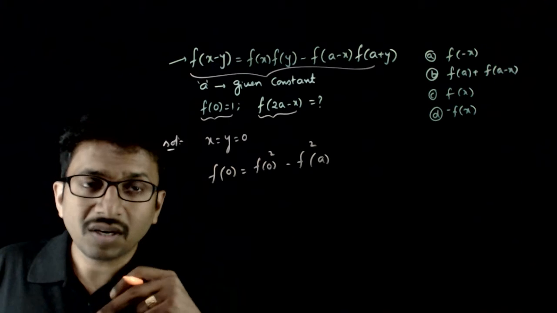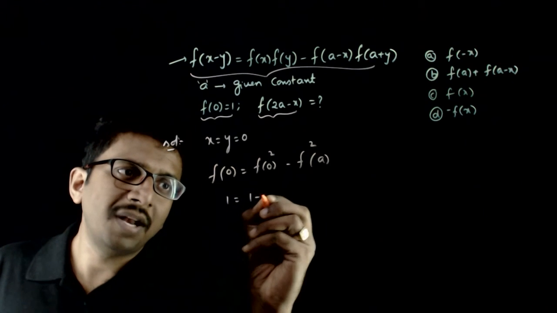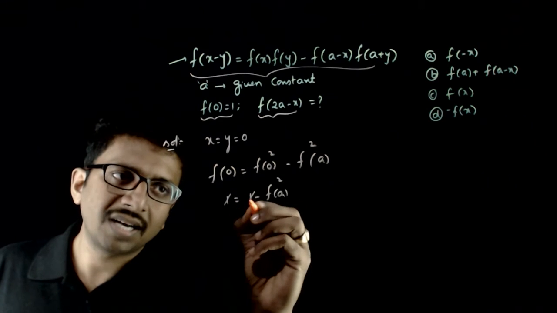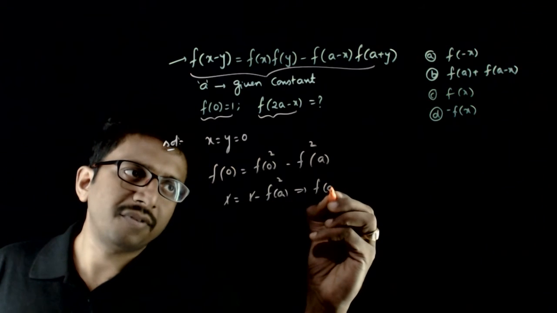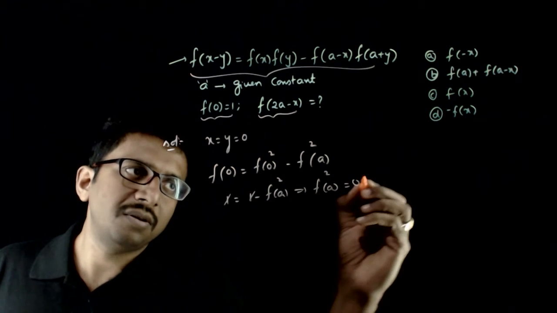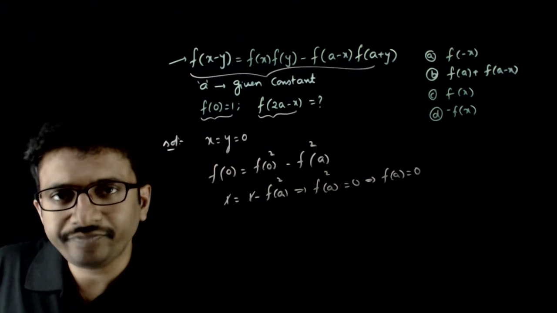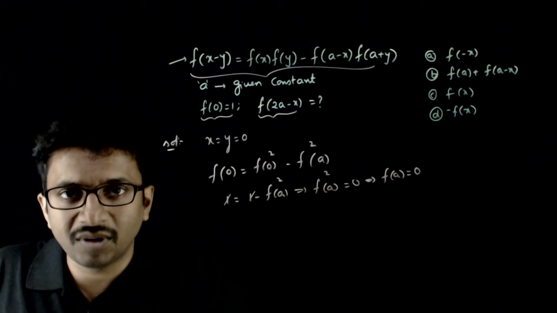And f of 0 is given as 1. So 1 is equal to 1 minus f of a whole square. So 1 and 1 get cancelled. This implies f of a whole square is equal to 0. This implies f of a is equal to 0.